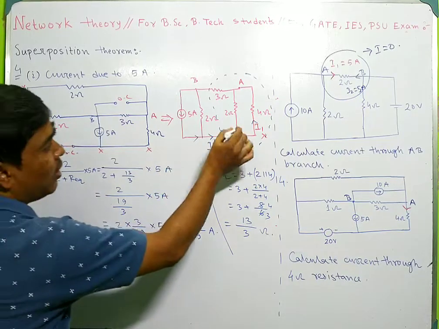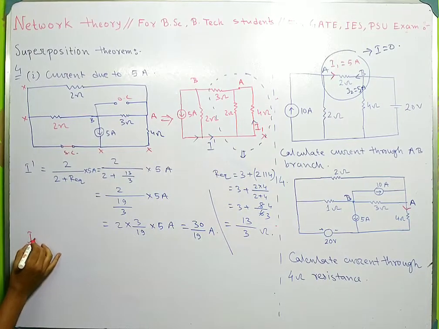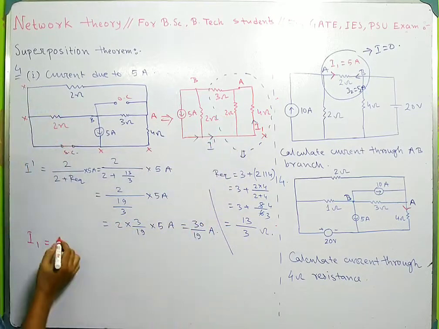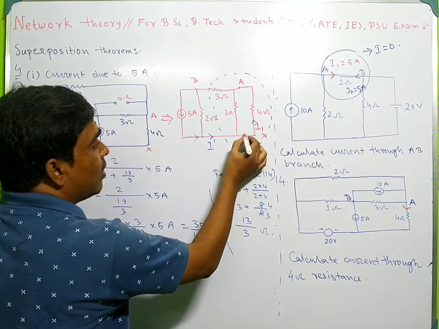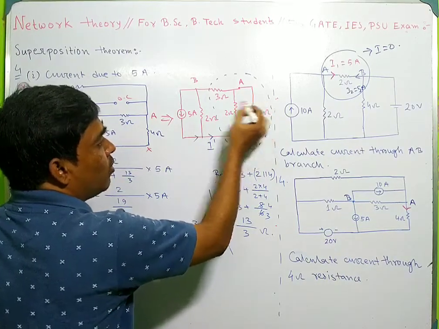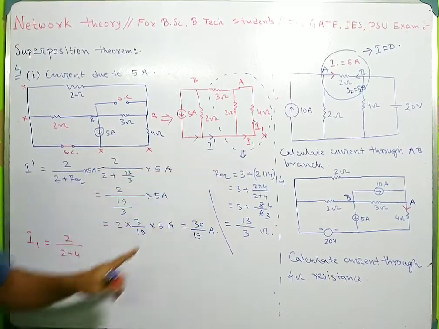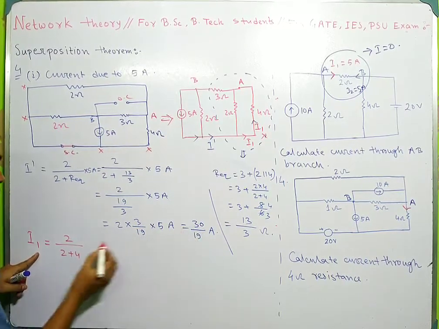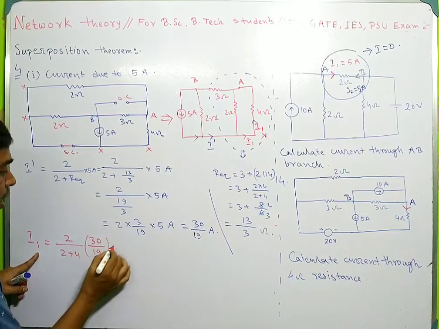Now what will be the current I1 through this 4 ohm resistance? Using the current division rule, I1 is given by 2 divided by 2 plus 4, times this current, which is 30 divided by 19 ampere.